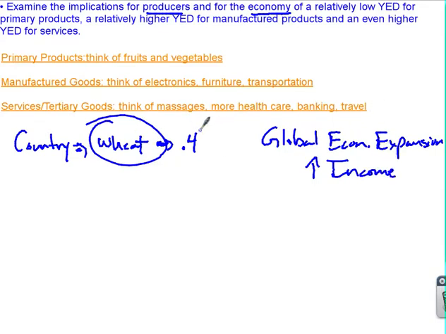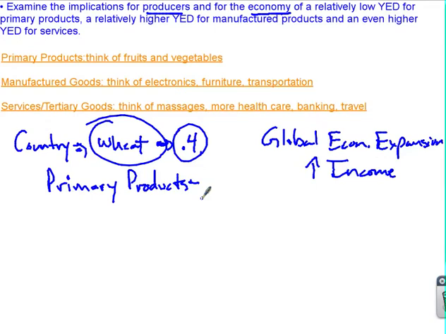And the answer is no, because even though people's incomes are going up, the product that you have is a 0.4 on the income elasticity measure, and so people aren't going to necessarily buy a whole lot more of your stuff. And so this is one of the problems that a lot of developing countries have, is that they produce mostly primary products, and so they miss out. If there's a big global expansion, they miss out because they're not producing the things that people are going to want to buy with all that extra income. So that can be a problem for developing countries.